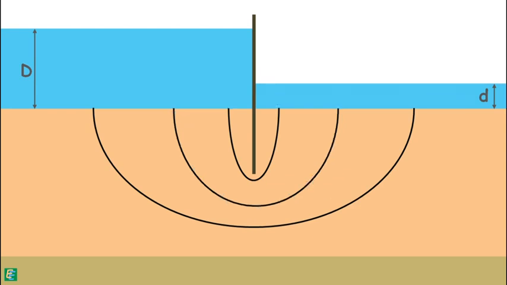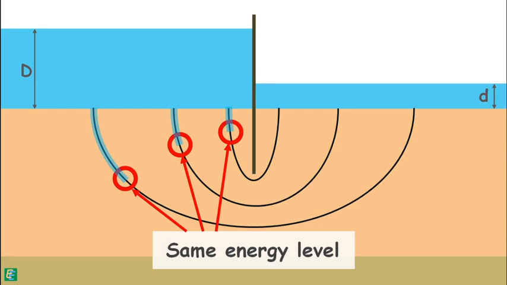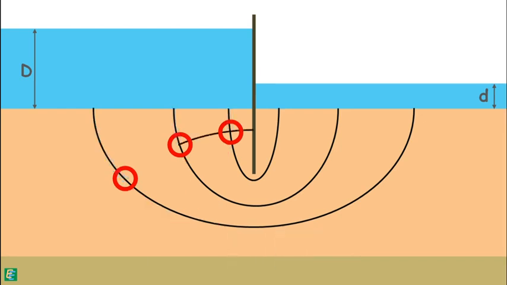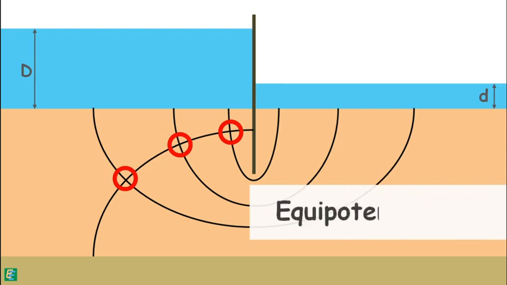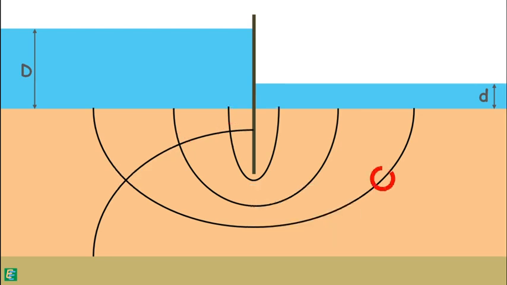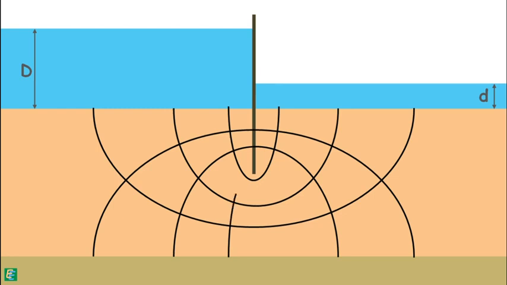So, we can pick up certain points on the different flow lines where the total energy lost is equal, or we can say points of the same energy level. When we join such points together, the line so formed is an equipotential line. Similarly, different points of the same energy on different flow lines can be observed and many such equipotential lines can be drawn.